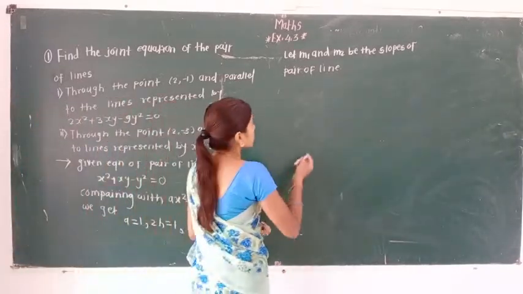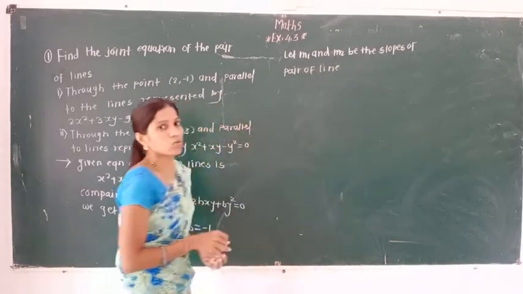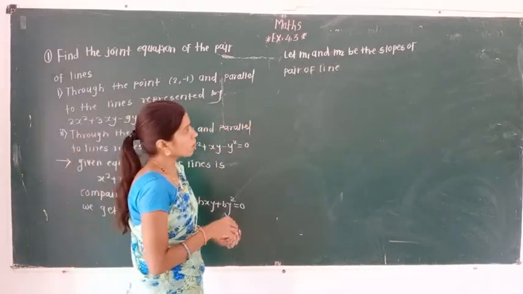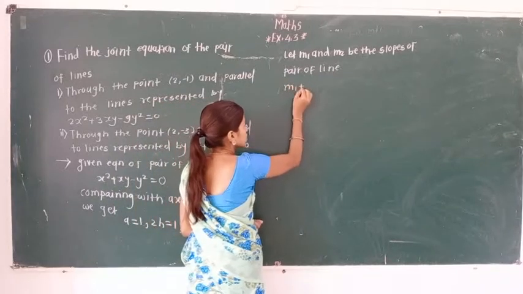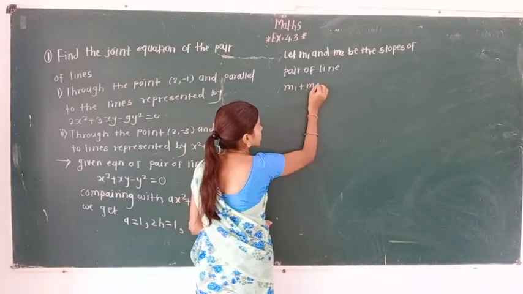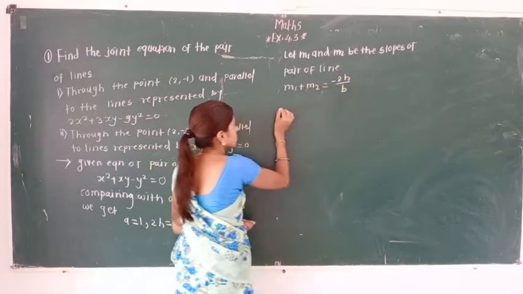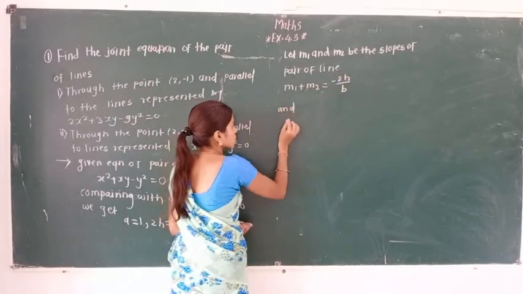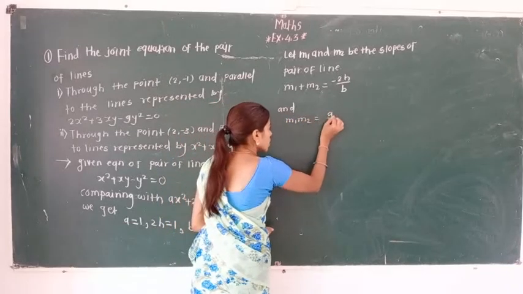Now considering the slopes of the two lines m1 and m2, we have to find the sum of slopes and the product of slopes. The sum of slopes m1 plus m2 is -2h by b, and the product of slopes m1 into m2 is a by b.